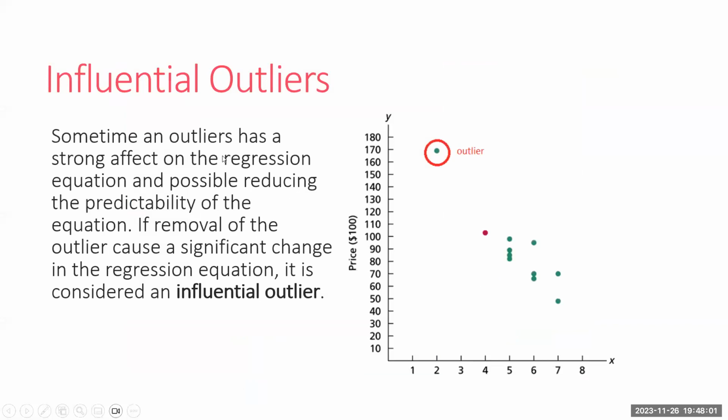So the last thing we have to talk about are influential outliers. Sometimes an outlier has a strong effect on the regression equation, possibly reducing the predictability of the equation. If removal of the outlier causes a significant change in the regression equation, it's considered an influential outlier. So what we have here is our Verizon data.